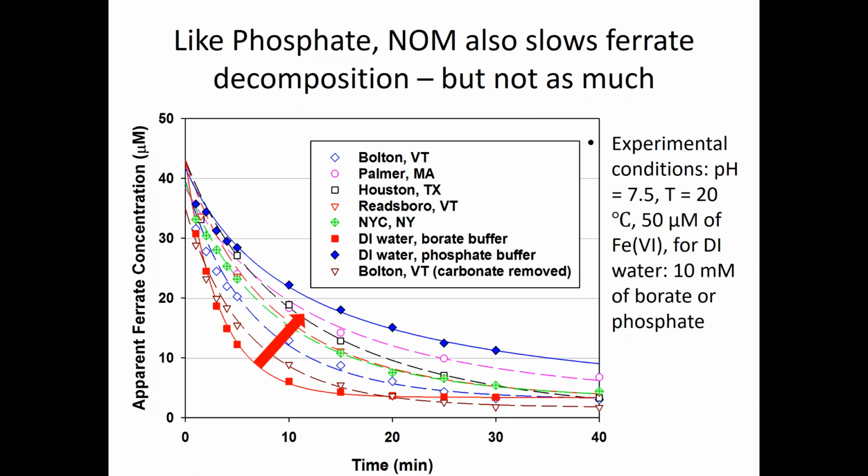It can stabilize it. And this is surprising. We didn't understand it when we first saw it, but now I think we do. It's also a really great feature, because what that means is you don't have to be so concerned about high levels of organic carbon causing a rapid depletion of the oxidant or disinfectant. This is what happens with traditional disinfectants like ozone, chlorine dioxide, and chlorine, but not with ferrate.